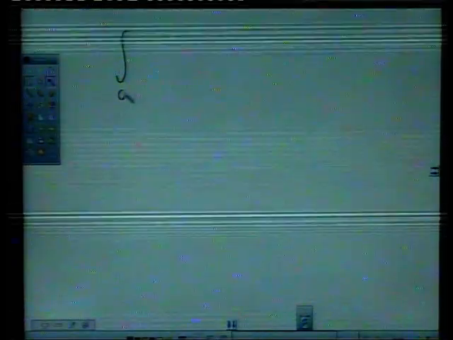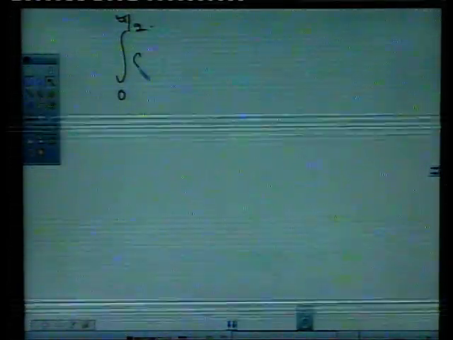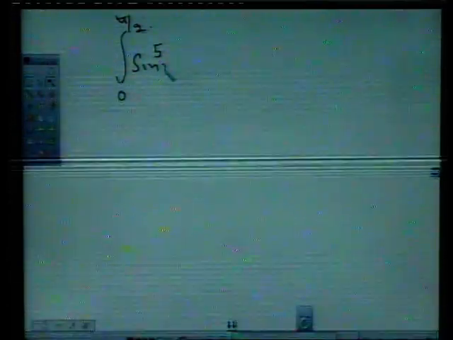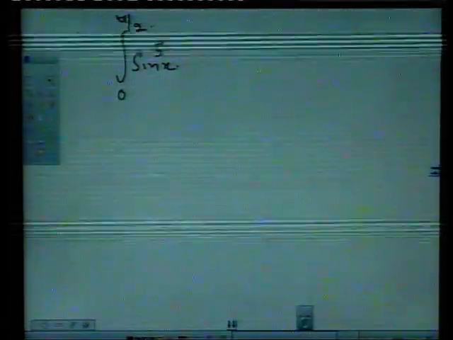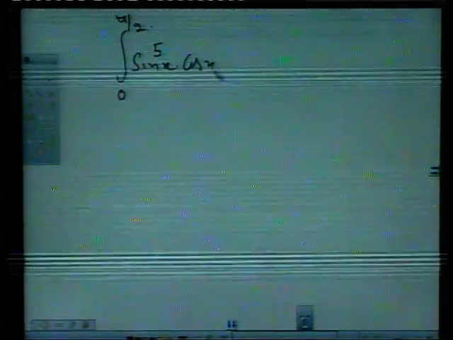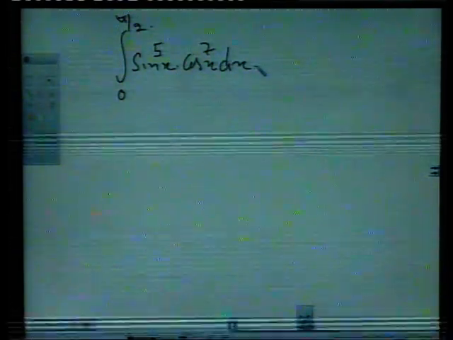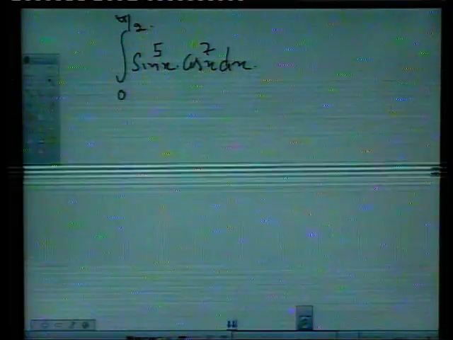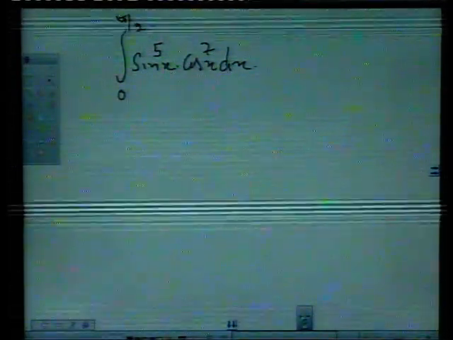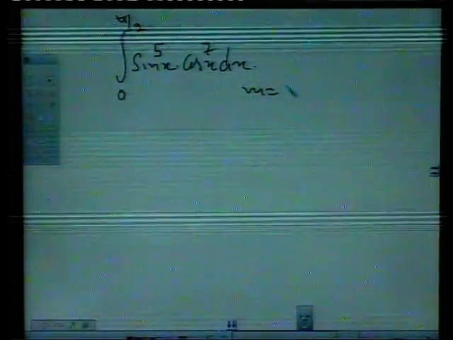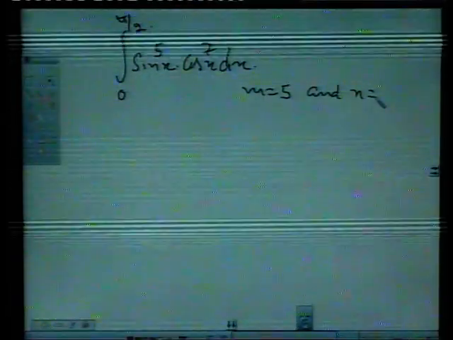Evaluate 0 to pi by 2 sine raised to power 5 and cos x raised to power 7 dx. Alright. Now compare it with the standard formula. You will get here m is equal to 5 and n is equal to 7.